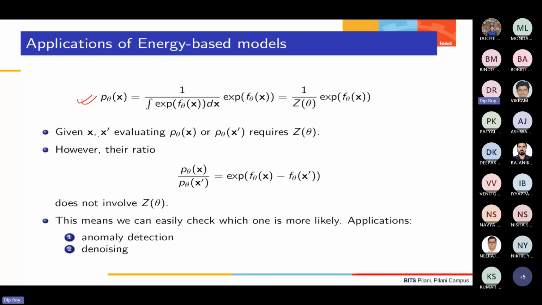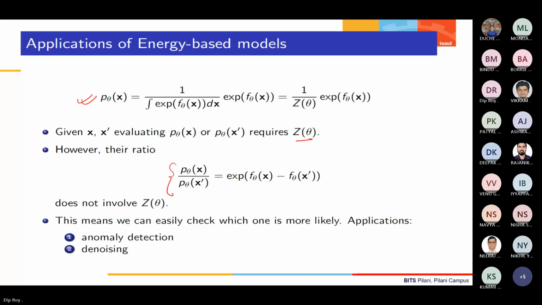Now, given 2 points x and x prime, evaluating p of x and p of x prime requires Z theta. But do we need this particular Z theta when we are doing a ratio? No, because the Z theta will cancel out.